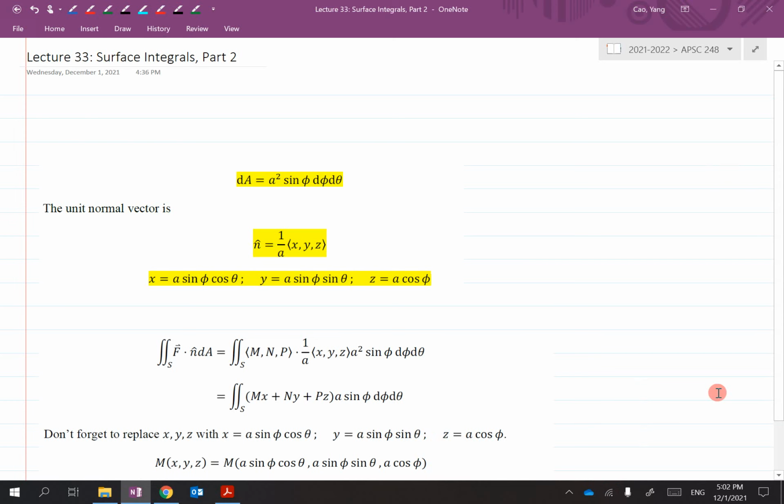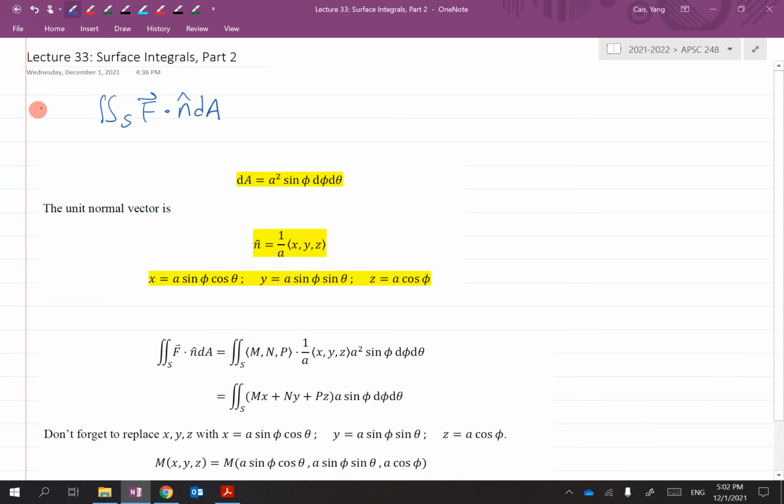All right. So let's do a very quick review of what we did in the previous lecture. Okay, so it's about surface integrals. Surface integral, in principle, is about this formula right here.